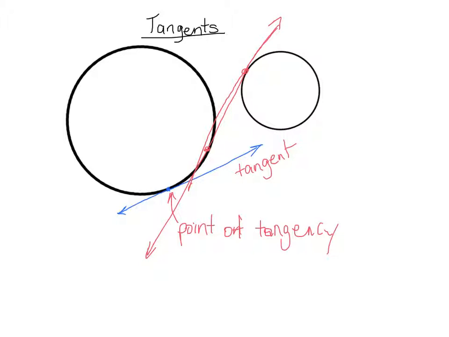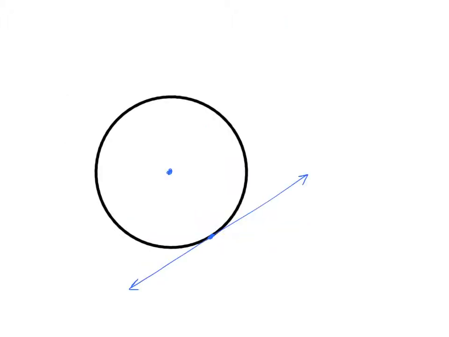All right, so there's a few theorems that I want to go over having to do with the tangent. The first theorem is this. If we have a tangent here, this tangent is definitely going to be perpendicular to the radius that touches the point of tangency. So I'm going to draw that radius in.